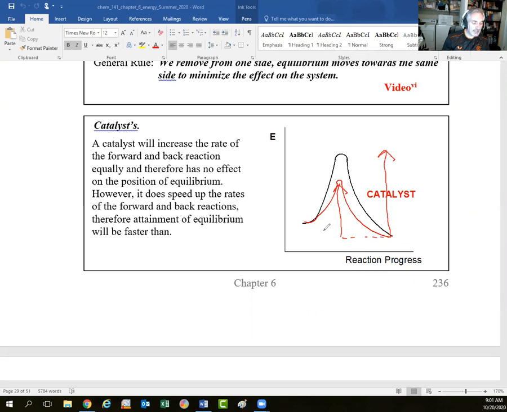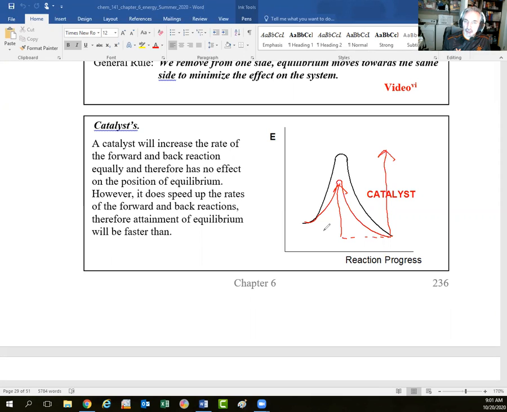So the addition of a catalyst in a reversible system has lowered the energy of activation for both the forward and the back reaction. And so the equilibrium system is still a tie. It doesn't change the position of equilibrium or the concentration of any chemicals by adding a catalyst.